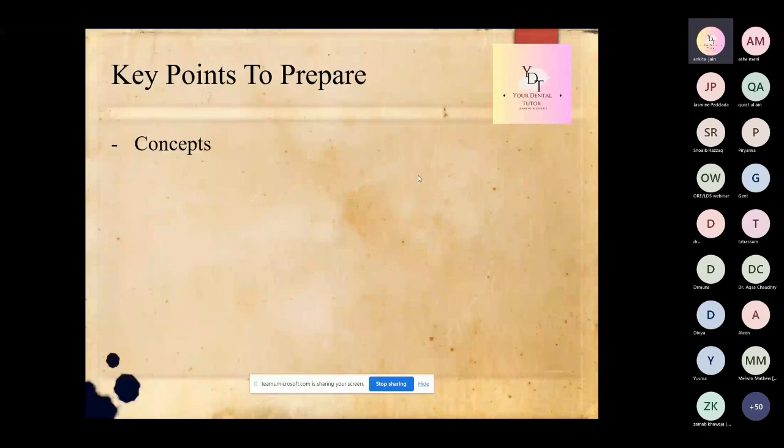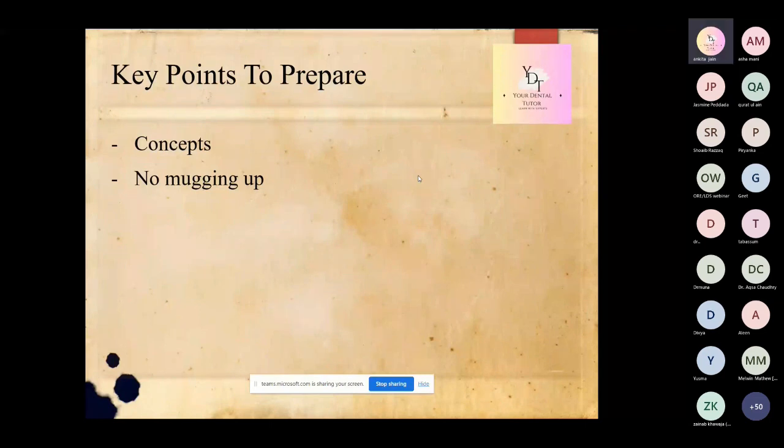There should be no mugging up, because in the end it is of no use. Just the facts can be mugged up, but the concepts cannot. So concentrate on the concepts, because most of the questions are clinical based, and sometimes there are direct questions also. But to fetch the required percentage of marks, the preparation should be totally based on concepts.